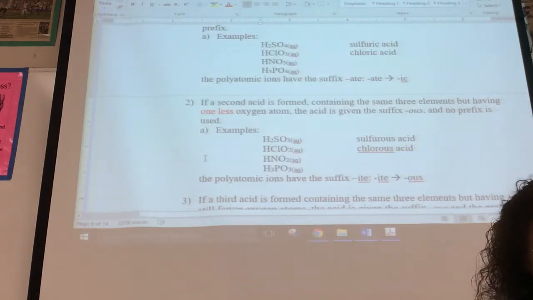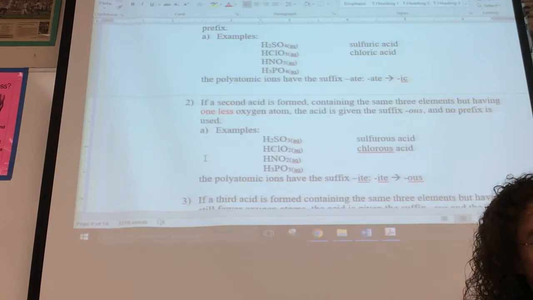Now, if you don't know the common form, it's a little tricky, and as I said, with the common form, you either have 3 or 4 O's. Sulfur and phosphorus are the ones that primarily have 4 O's, but there are some other ones too, like chromate, so it does get a little bit tricky.